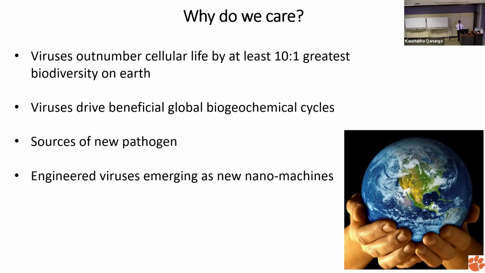There is nothing like it at the present time. You can well imagine how our lives have changed just by one pathogen. And engineered viruses are emerging as nanomachines. Now, on this single line, do not go into conspiracy theories. We can engineer a lot of different viruses.